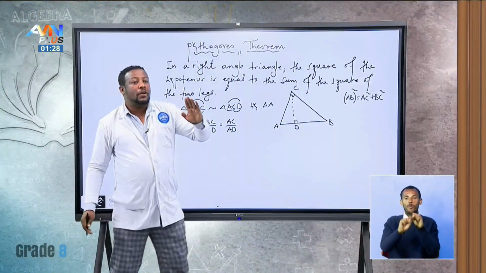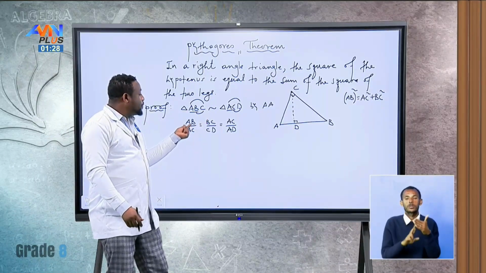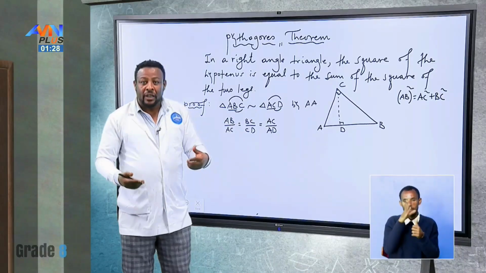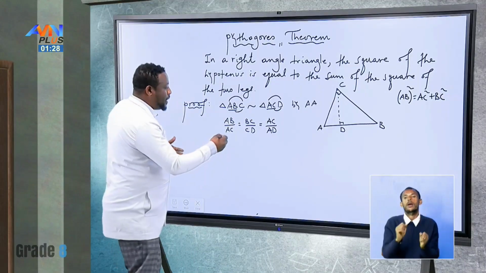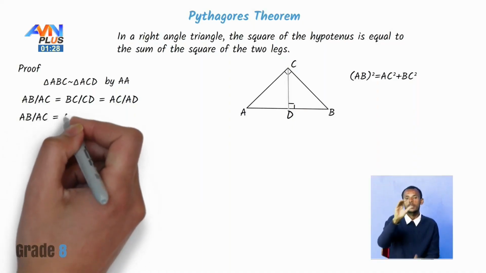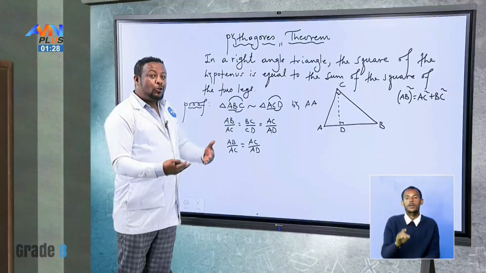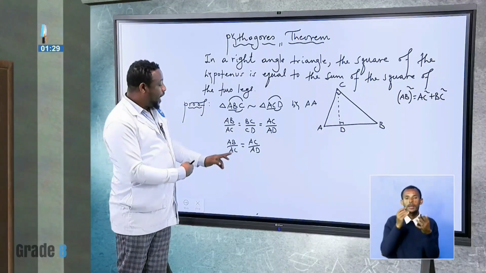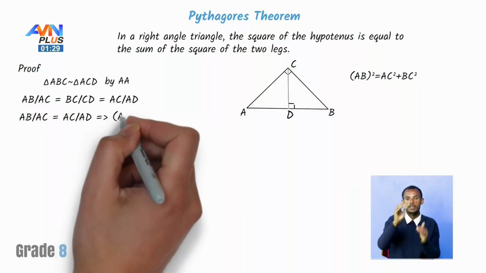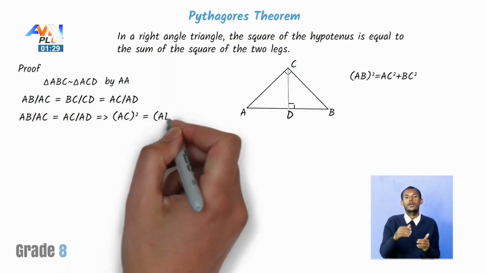From this ratio, you can take the first one and the third one: AB over AC is equal to AC over AD. Now you can cross-multiply. AC times AC becomes AC square, which is equal to AD times AB.